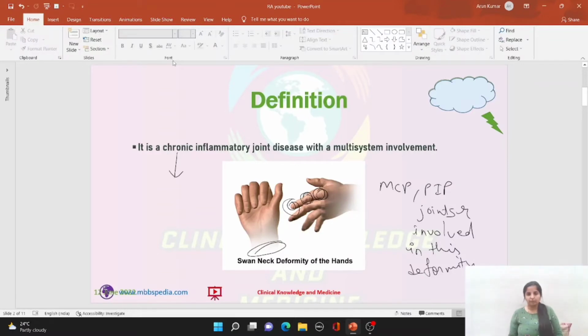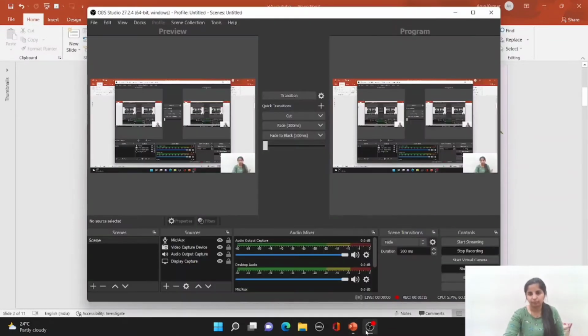So if I need to show you the joints of hands, this is my finger. So this is distal interphalangeal joint, this is proximal interphalangeal joint, the middle one, and the last one is metacarpal phalangeal joint.